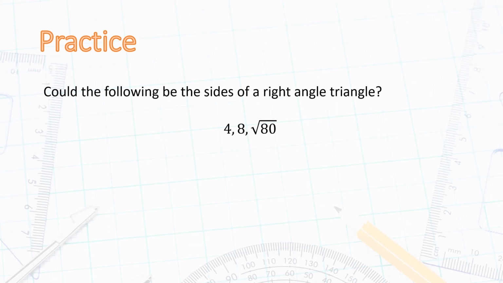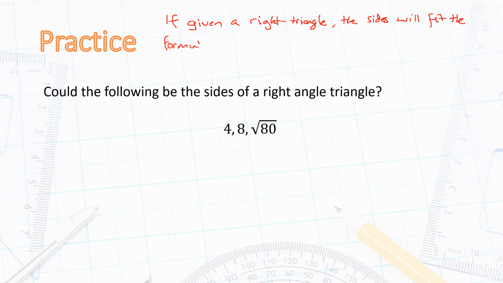All right, different type of question. Could 4, 8, and root 80 be the sides of a right triangle? Now, this is actually working with what we call a converse of a theorem. So Pythagoras' theorem is: if given a right triangle, the sides will fit the formula a squared plus b squared equals c squared.